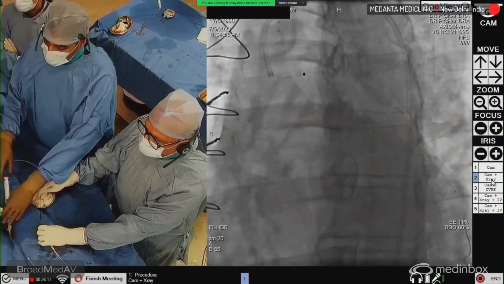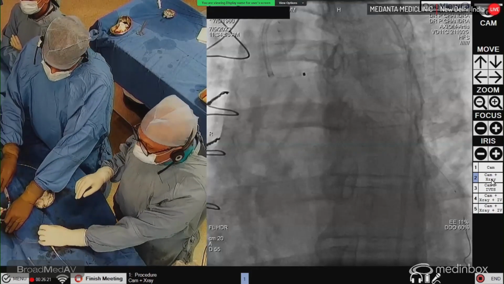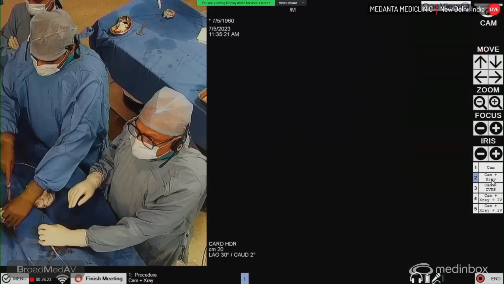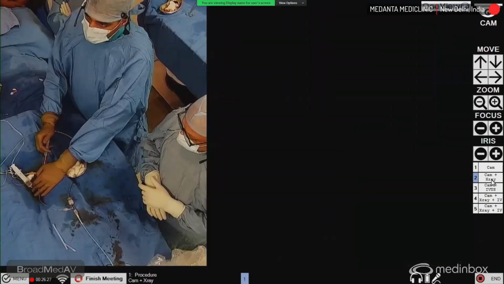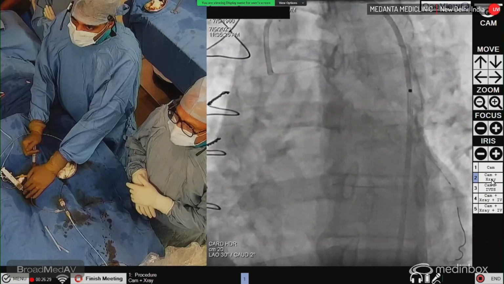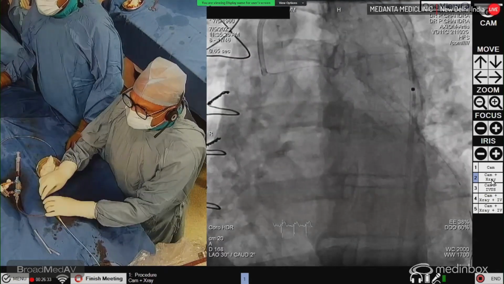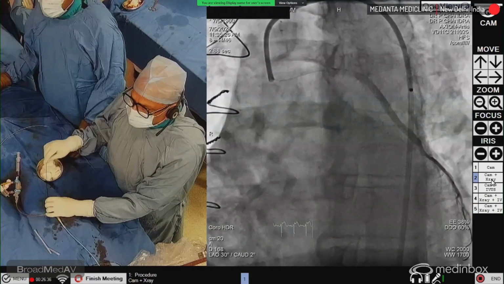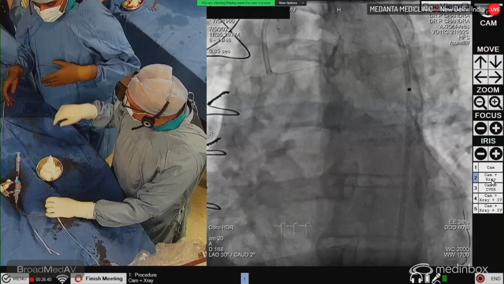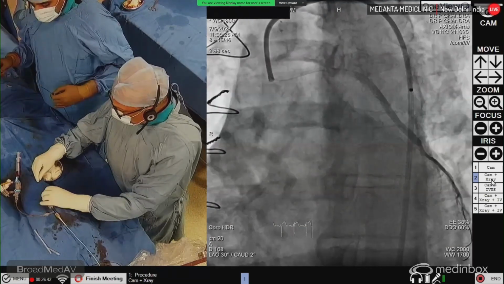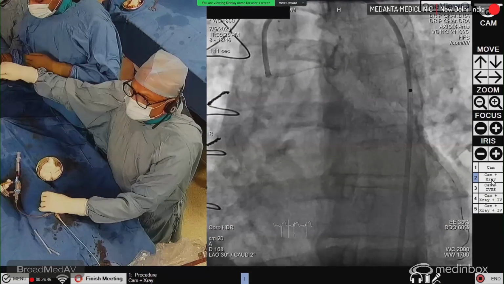Yes. Okay, so we can check now. Take a shot. Now we'll take a shot. Oh, that's nice. So slow flow is not apparent here, and I think at this stage we can do an IVUS also to see what is the size of this vein graft.